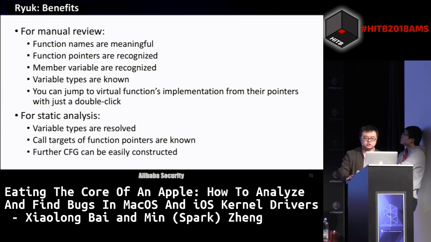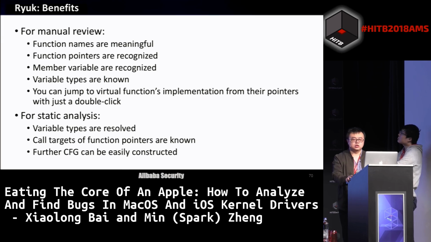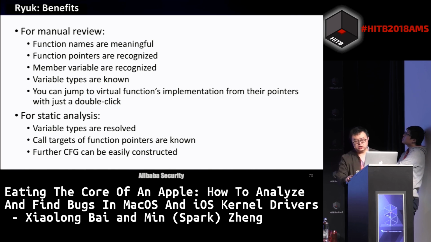So with all these features, Ryuk can assist both manual review and static analysis. For example, for manual review, the code now is much more human readable and understandable, and you can also interact with IDA Pro in a more convenient way.